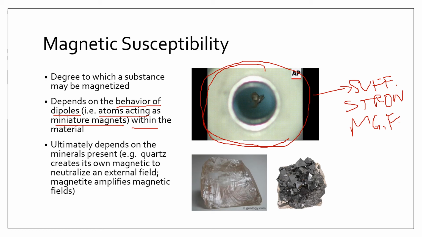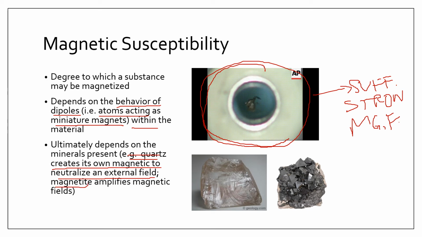For example, quartz has a negative magnetic susceptibility, and this means that when you subject quartz to a magnetic field, it will align its magnetic dipoles in a way that counteracts the external magnetic field. So quartz hates magnetic fields. It is able to produce a counter magnetic field to neutralize an external magnetic field.